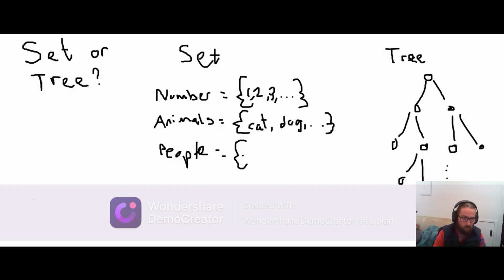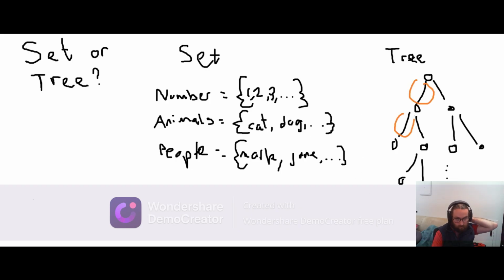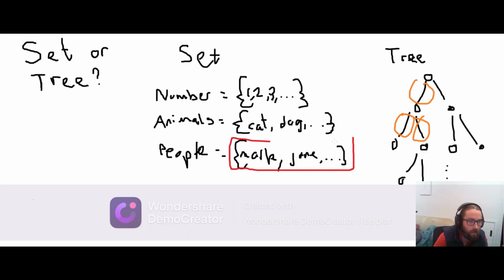We've got Mary, we've got Mark, and we've got, I don't know, Jane. All the people, set of people. Or do I want to represent them as a tree? Well, if I want to represent them as a tree, then these lines have to mean something, right? And if I want to represent them as a set, they all need to be kind of broadly equal to each other.